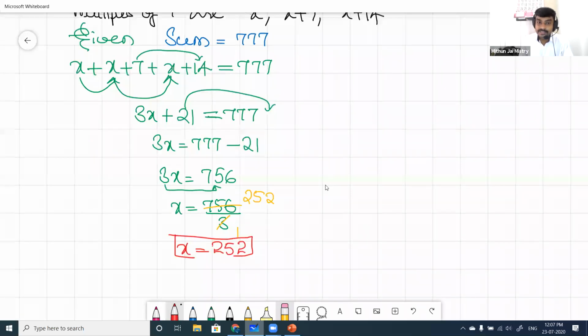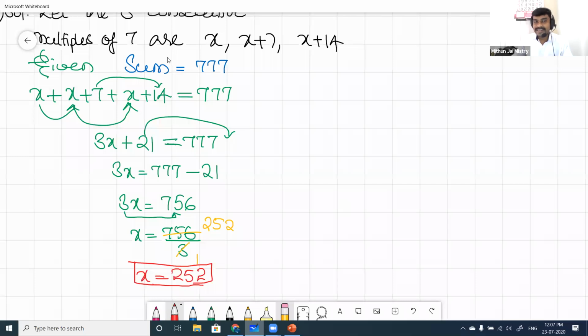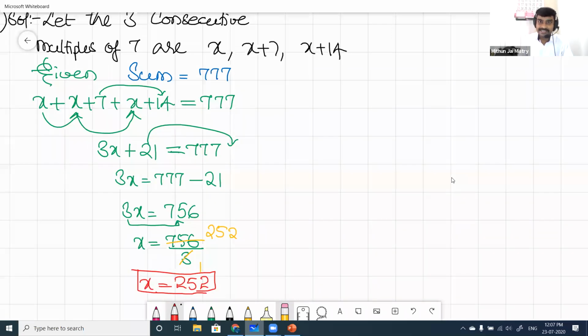I got 252 as x. But do you think your question is to find x? No. The question is what? Multiples of 7. Find the multiples of 7. So at last we can write, therefore the required 3 consecutive multiples of 7.